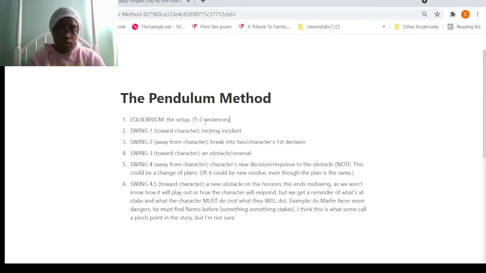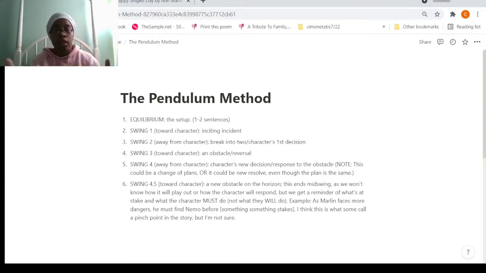Maybe 3. But one mistake a lot of people have made with their queries is having too much setup. Do not overwhelm the reader with backstory. Just enough so that we understand where your main character is before the story starts, and if you can, hint at what they want, right?